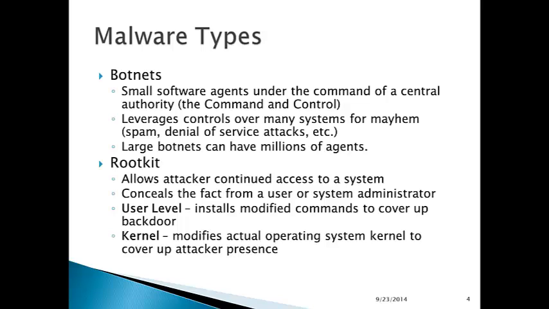There are two types of rootkits, user level and kernel level. The user level just modifies the commands to cover up the back door. Things like, in Unix, the ls command to list files. It will replace that with a modified version that will conveniently skip over any files created by the rootkit. Whereas a kernel level actually goes down to the operating system kernel and covers up the attacker's presence that way.